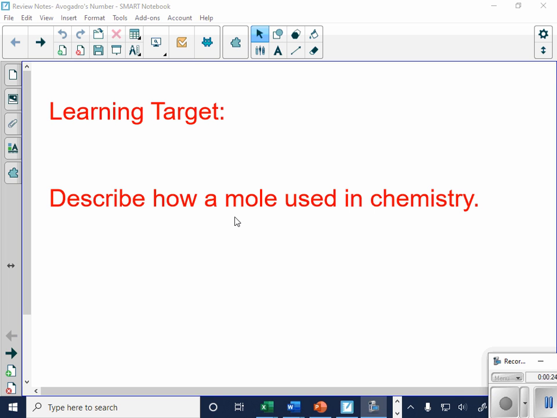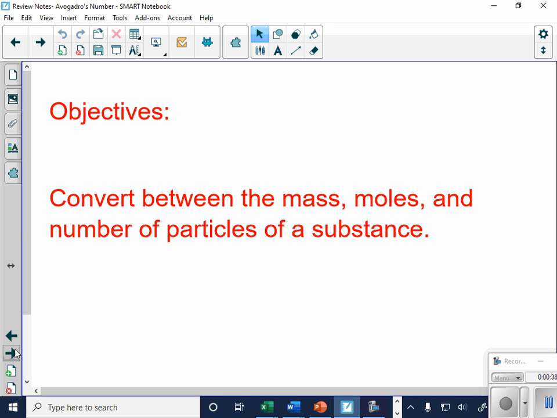We're going to keep on doing this learning target for a while here, folks, because when I turn to our success criteria, our next slide, our I can, or our objective, it shows that we are going to be converting between the mass, the moles, and the number of particles of a substance.